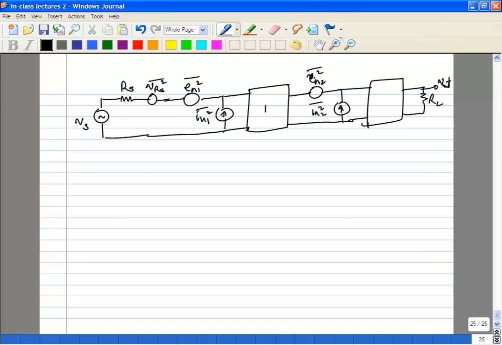We'll also assume each stage has a gain. The unloaded gains are Av1 and Av2. So we'll call the input and output impedances Rin1, Rout1, and Rin2 and Rout2.